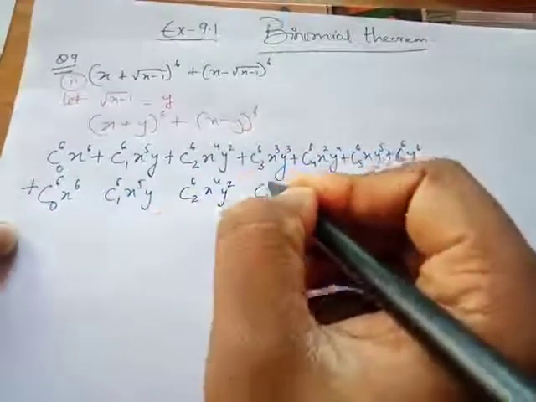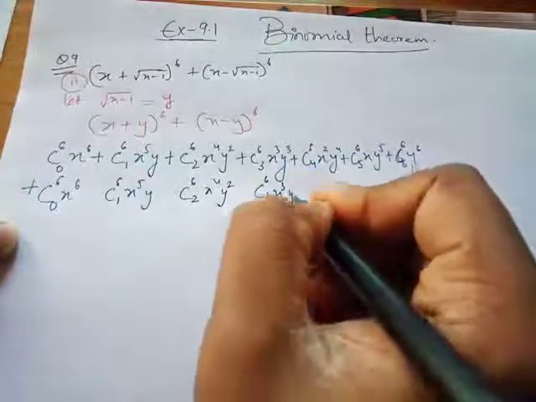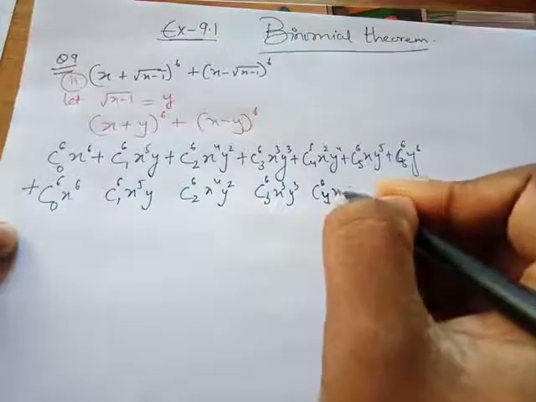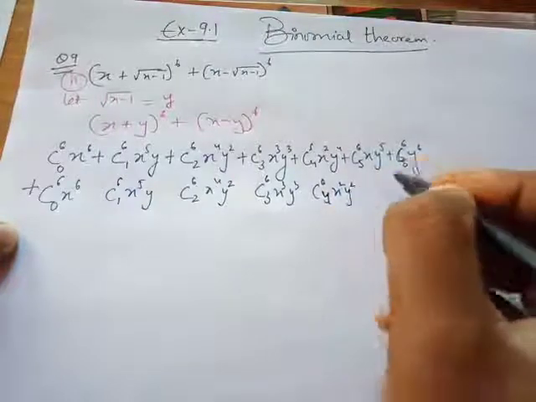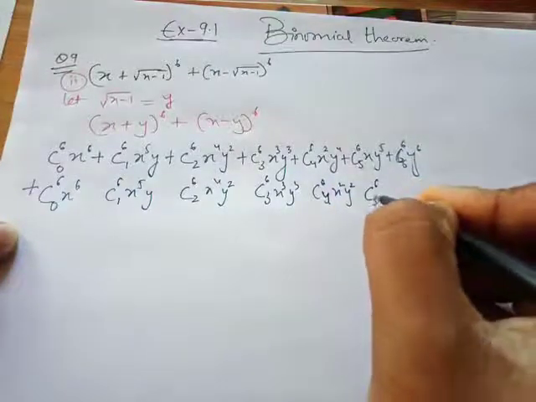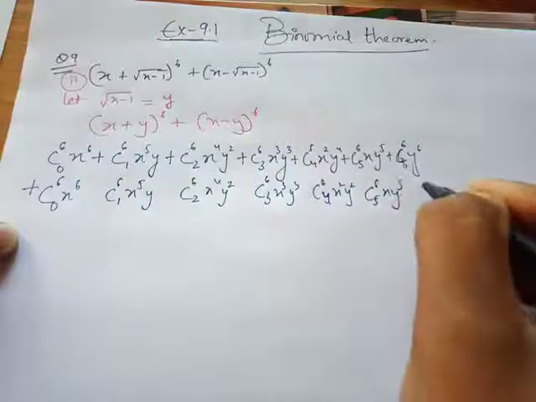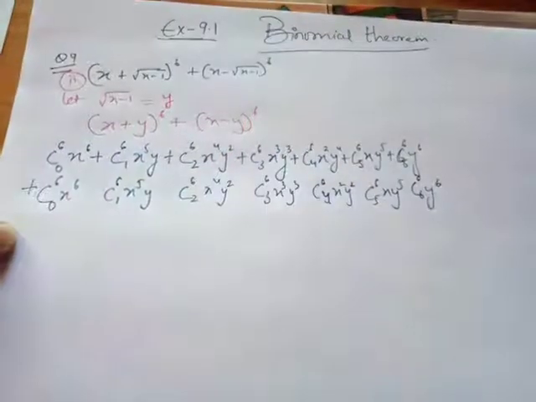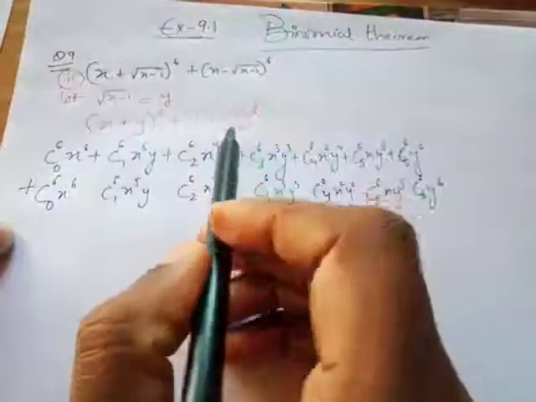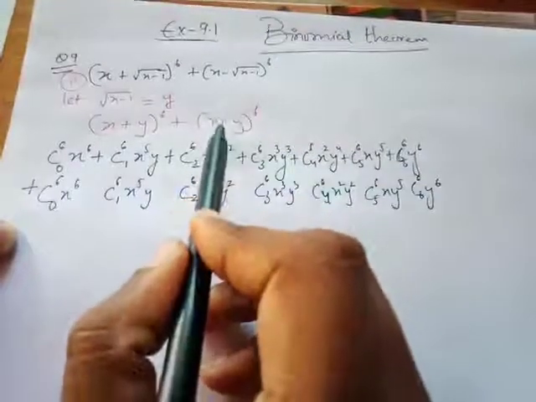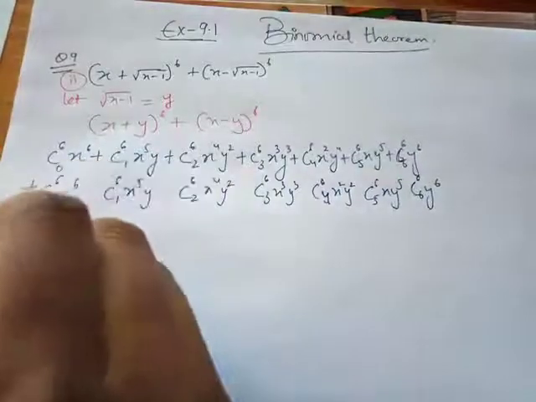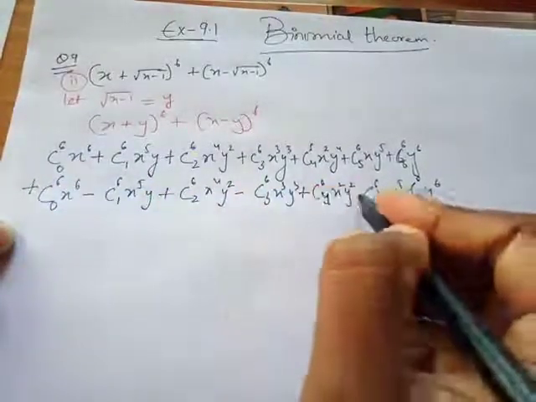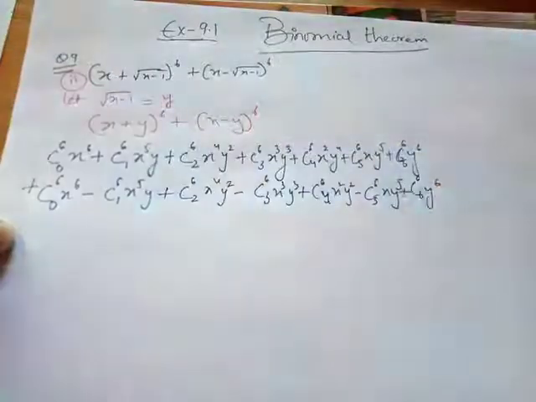So I'm writing the same thing, C64 x square y2, C65 x y5, C66 y6. Now if you have a look, I told you in the earlier video that if there's a minus sign in the middle, it's going to be plus minus plus minus plus minus plus. So that's how it's going to work.